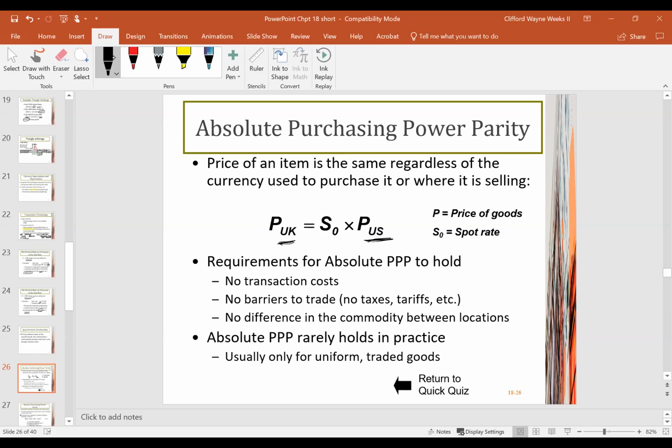So absolute purchase price parity rarely holds true in practice, because of these assumptions: no transaction costs, no barriers, and no difference. Usually it holds only for uniform trade goods like grain, things along that line.